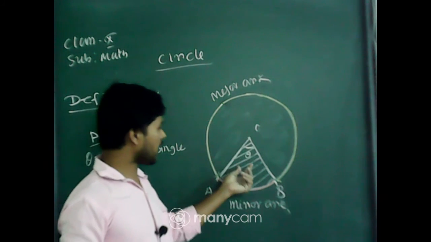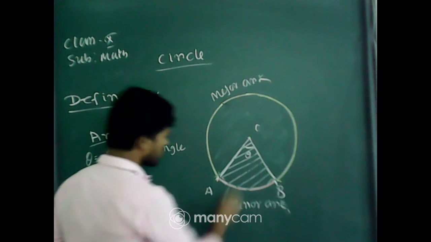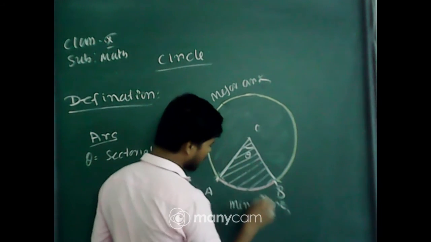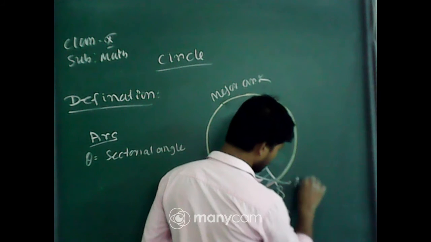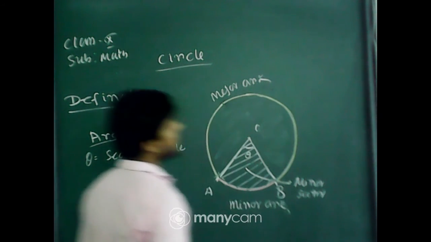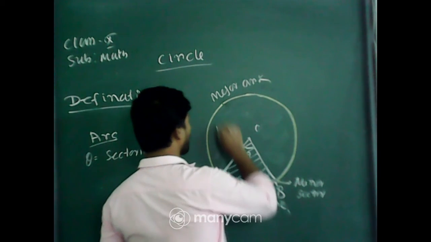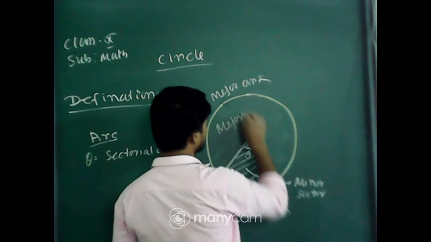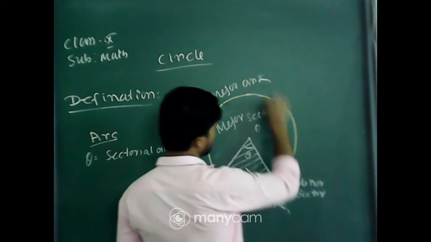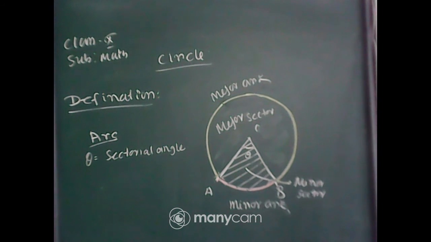The part having the smaller area is called the minor sector. And the part having the maximum area is called the major sector. Clear? Minor sector and major sector are now clear.